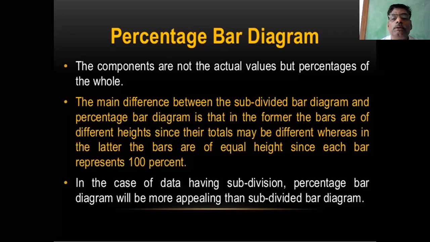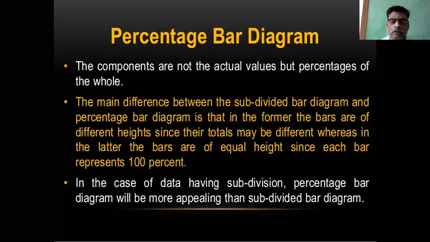So the main difference between the subdivided bar diagram and percentage bar diagram is that in the former, the bars are of different size. In the component bar diagram, the length of the bar is different. The length of the bar is not same.